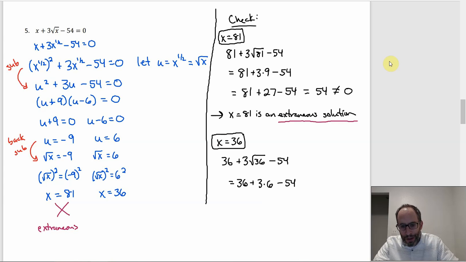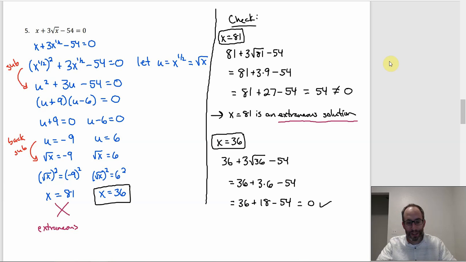But 3 times 6 is 18, so that's 36 plus 18 minus 54. That works. That's 54 minus 54, so you get 0. So this one works. So the solution here really is just 36.